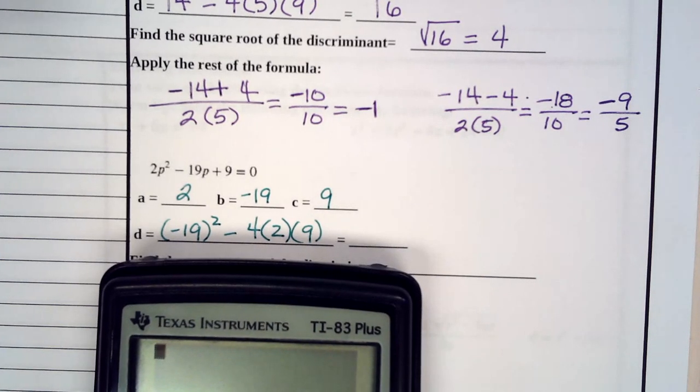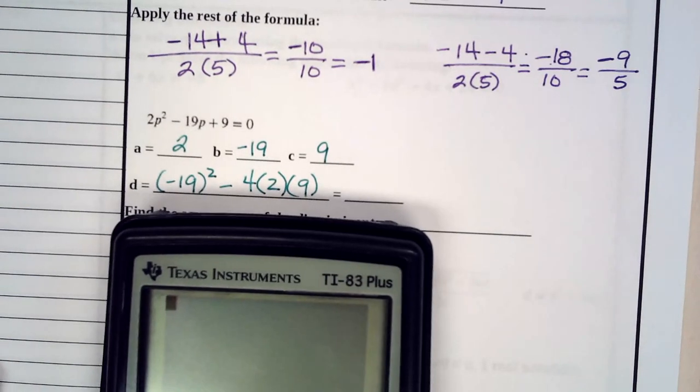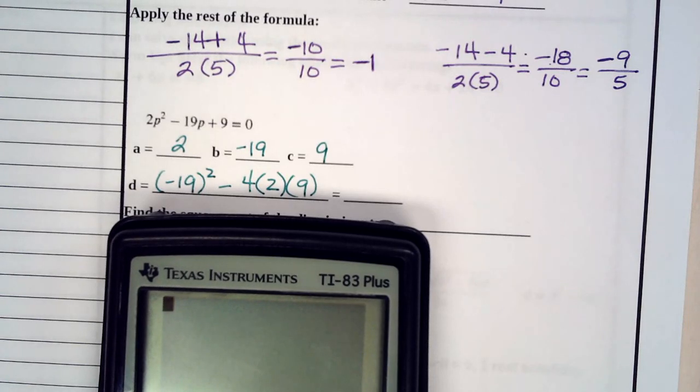Okay, I know that when I square a negative number, it's going to become positive. So if I don't want to go to the work of putting parentheses and the negative sign in, I can simply say 19 squared minus 4 times 2 times 9.